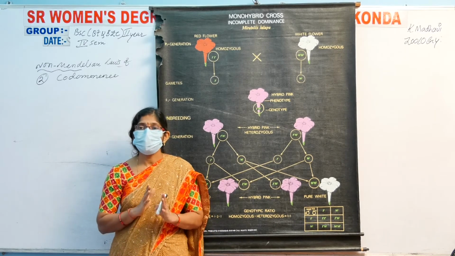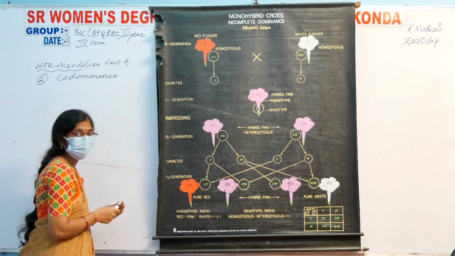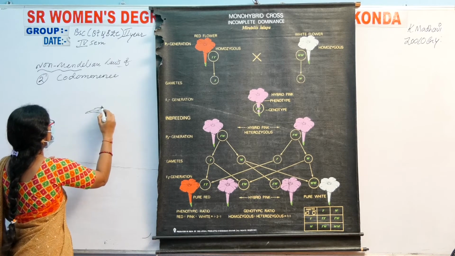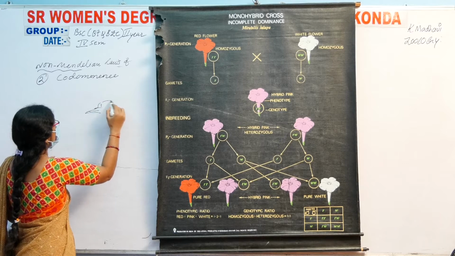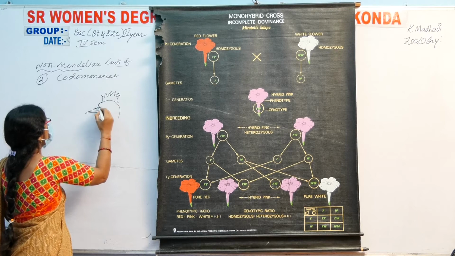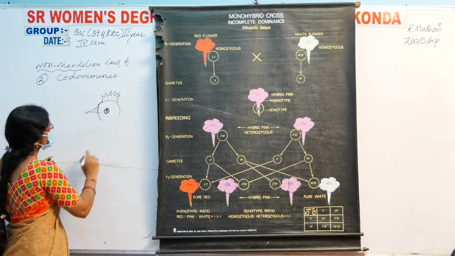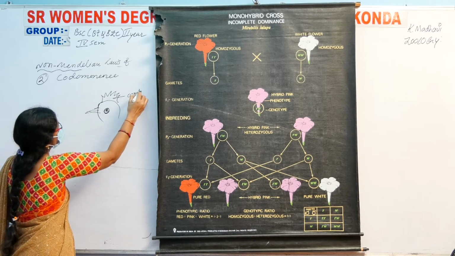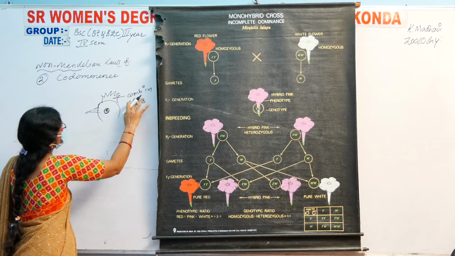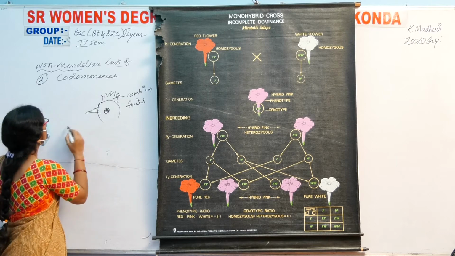The fowls have a comb on their head region. This comb is also stated as a character. Comb in fowls is an example, and another example is blood group types.